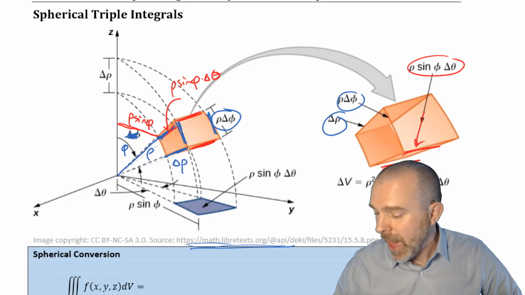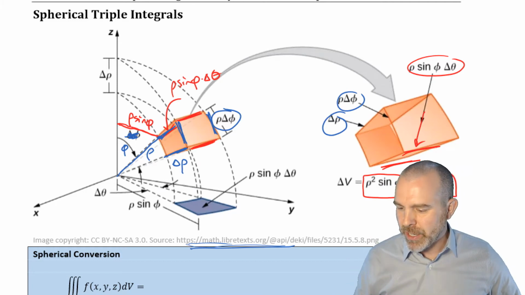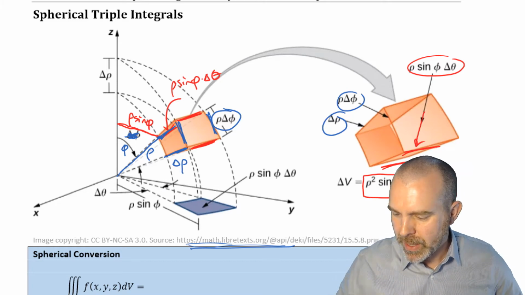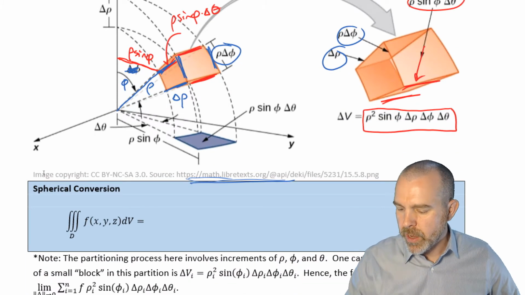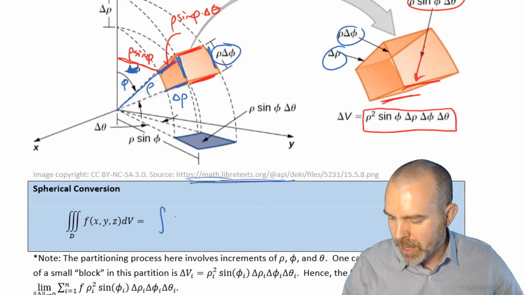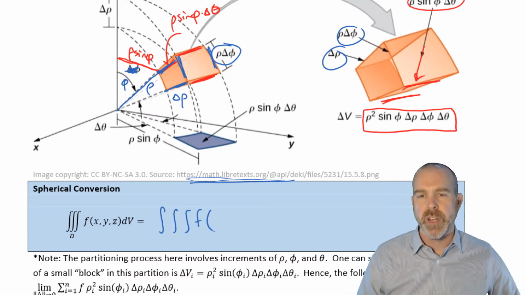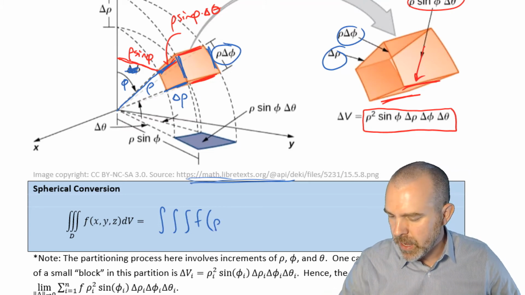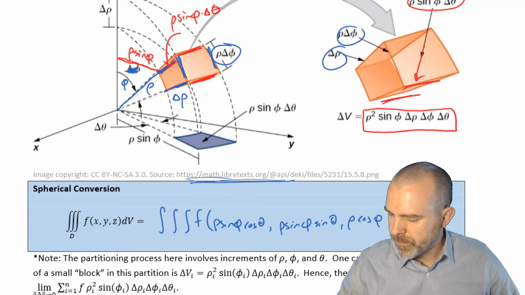And so what you end up with after all that is this pretty crazy expression here that you're going to want to make a good note of: in spherical coordinates, your triple integral over the region becomes a triple integral in spherical coordinates of f of, and if we do the conversion, instead of x, y, z, it's rho sine phi cosine theta, rho sine phi sine theta, and rho cosine phi.